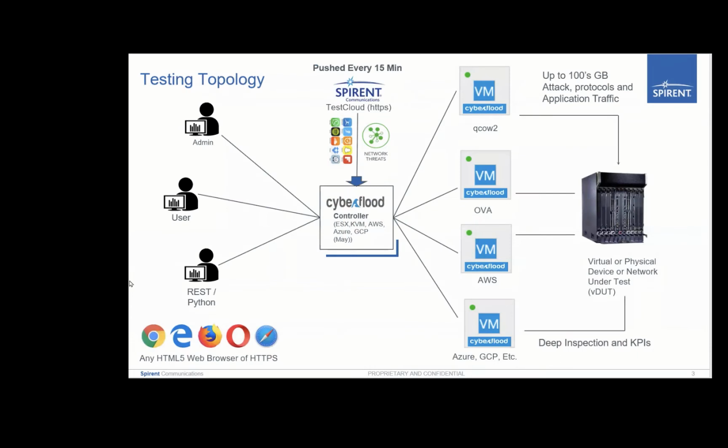If you look at the test topology in terms of how you set this up, we begin with the device or network that you test. This is important because this allows you to isolate what you're testing and basically put a box around it.